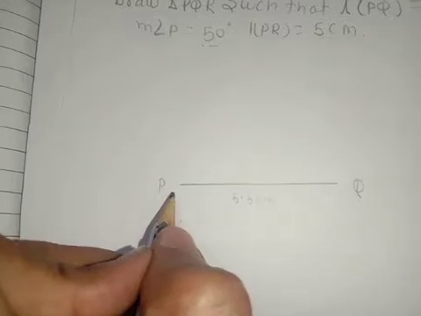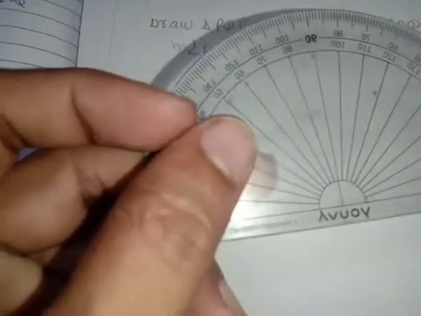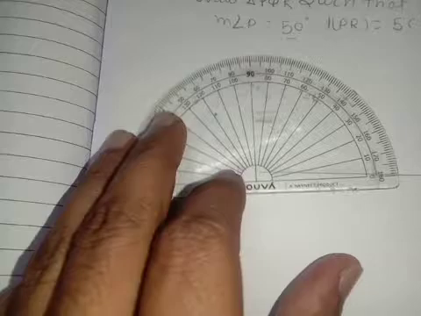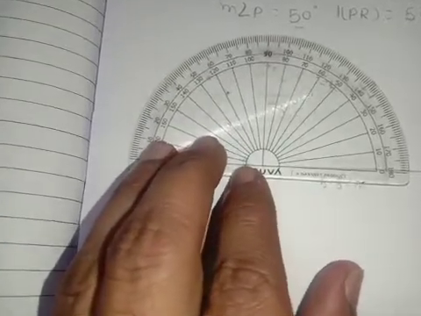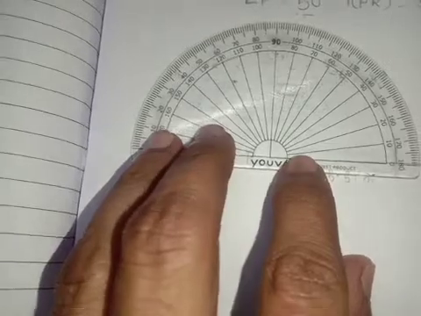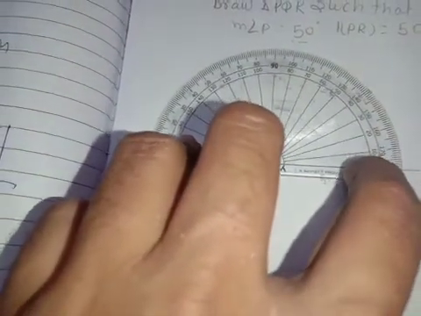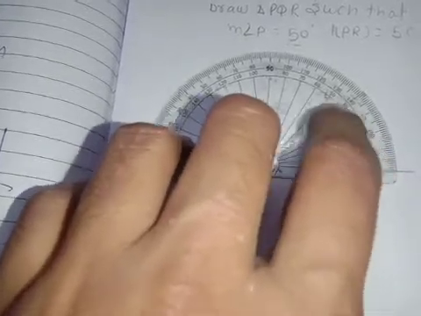So this is our P. Let's measure the angle of 50 degrees using this protractor. Match the center of the protractor with the point on this line. Now measure in the anti-clockwise direction.